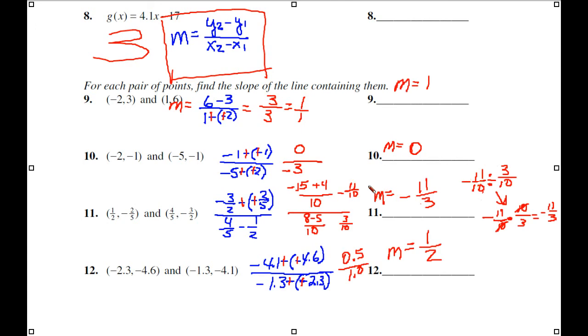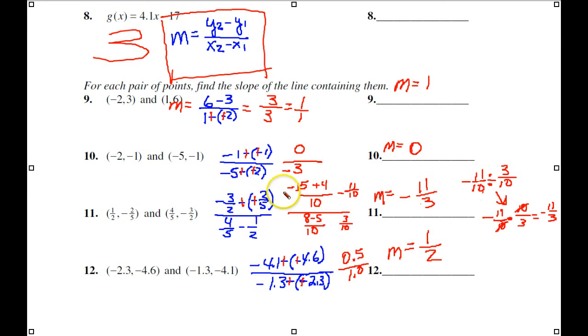Okay, dealing with some fractions. Here our common denominators are 10 there and a 10 there. So we have to make these equivalent fractions. Multiplying this by a 5 and a 5, that gives me a negative 15.